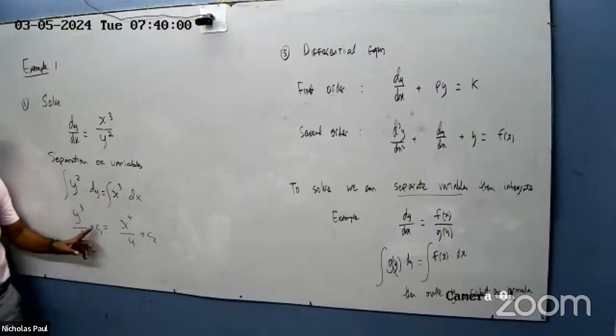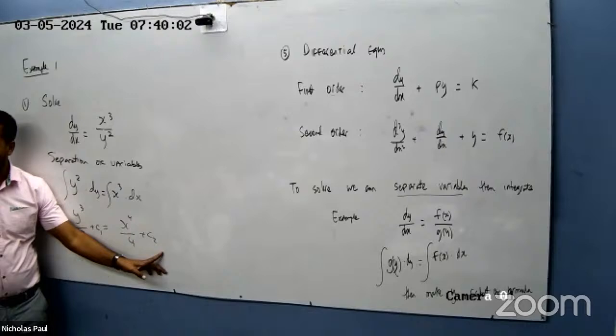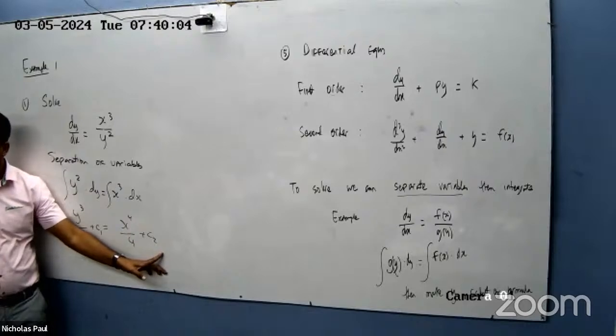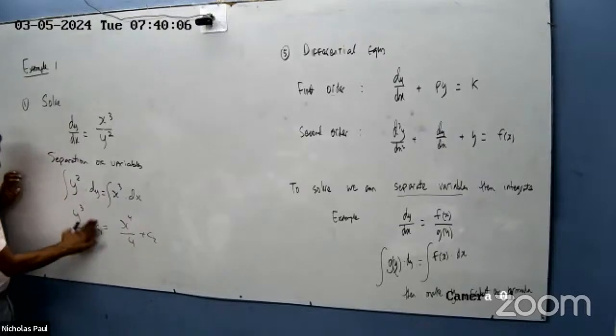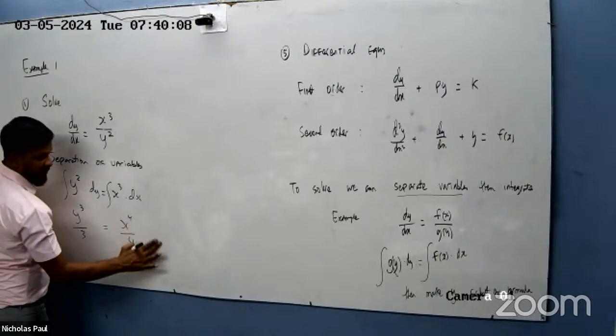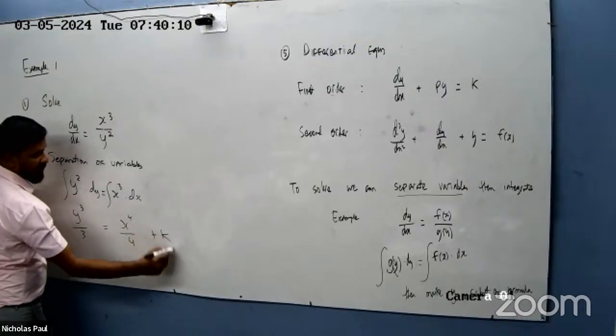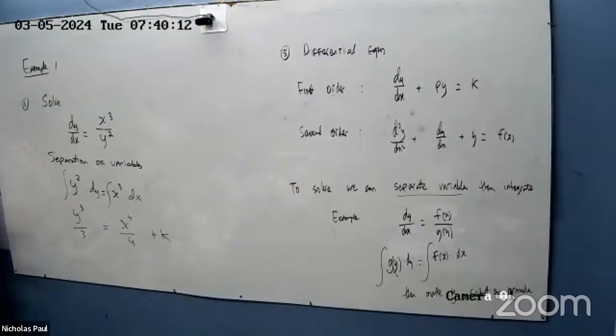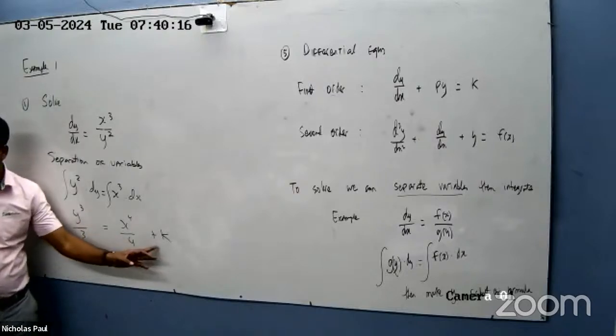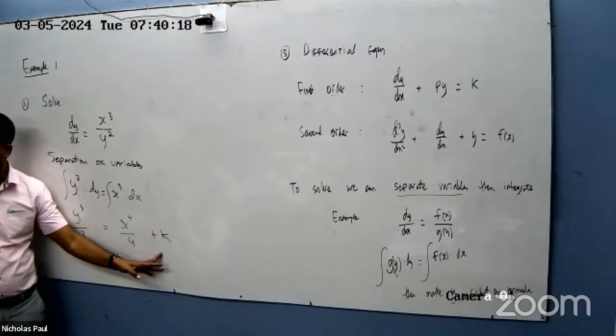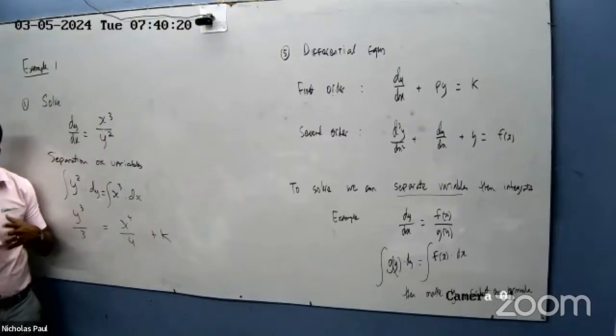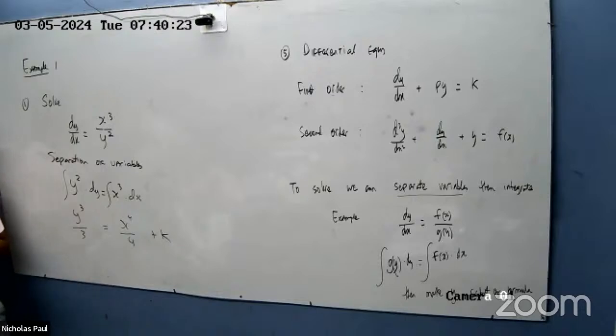When I bring C1 across here, that will get C2 minus C1, which is a constant. So does it make a difference if I just write this? I'll get the same constant K here. So you don't have to write C1 here and then C2 here. Just write one constant, because in the end, you'll still get one constant. I just put k.